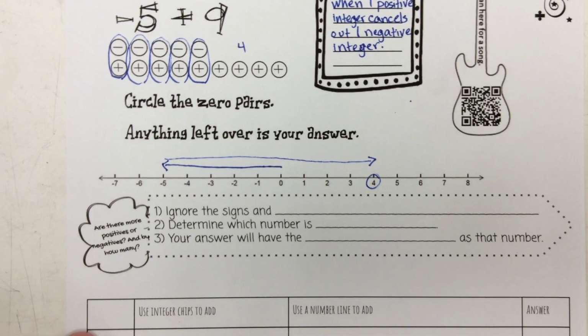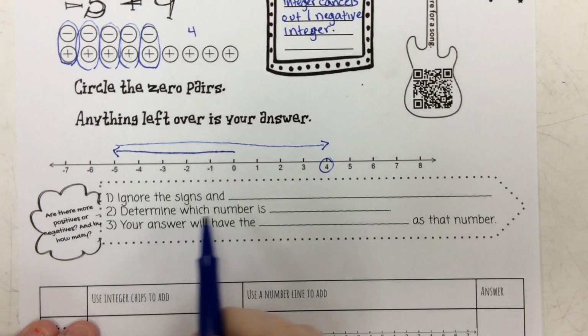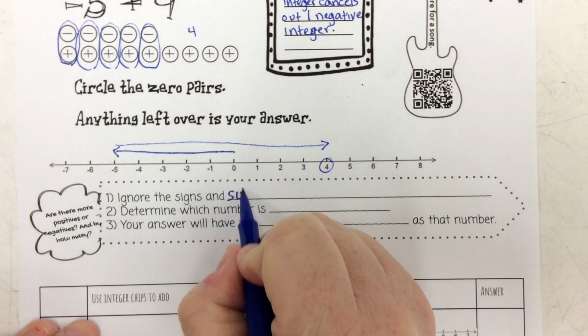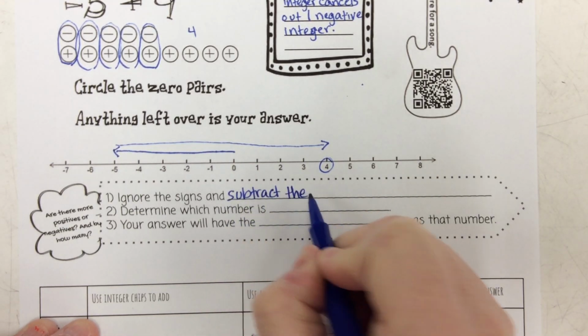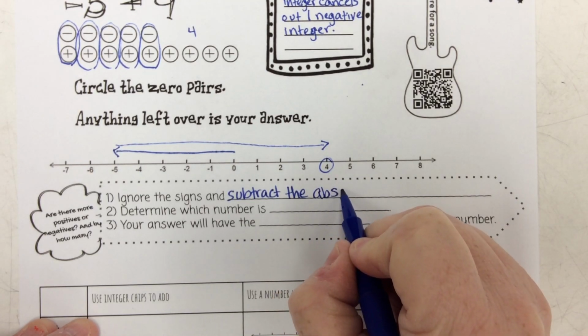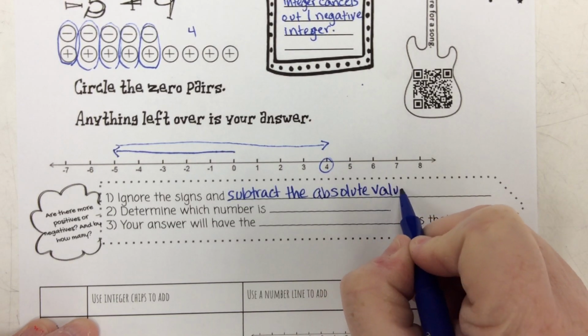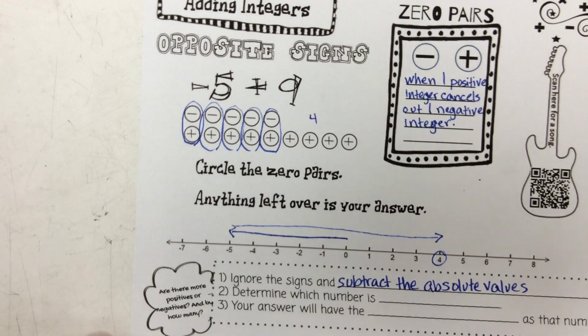All right. Now the rules. We are going to ignore the signs and subtract the absolute values. Oh, that's a word from a while ago, right? Okay, so what that means is I'm going to look at -5 and 9.